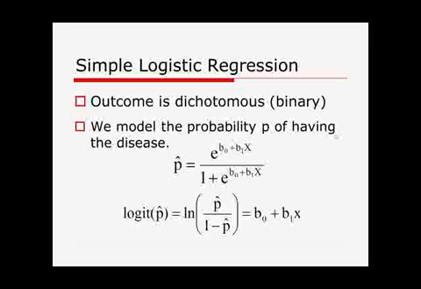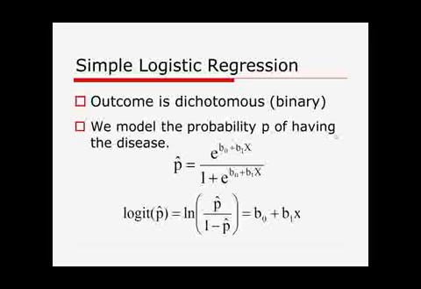Now you can look at these equations, you might say they don't look simple at all, because things have to get more complex when you have a dichotomous outcome. So the equation to relate the probability of having the outcome, that's the p hat, to the predictor is that complicated ratio in the middle of the slide. All that manipulation to get to the bottom line on this slide gets the right-hand side of the equation looking more like the multiple linear regression equation.